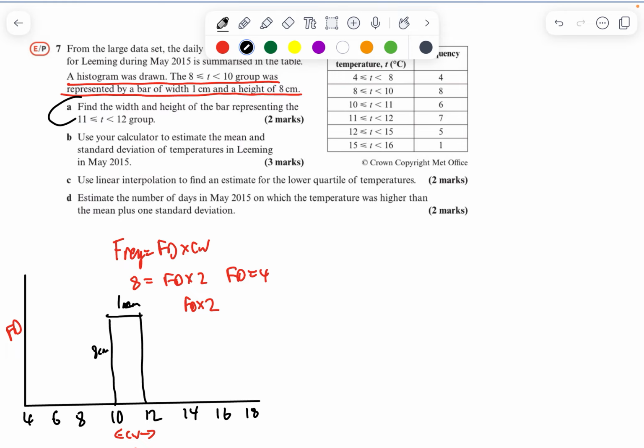Right, so let's look at question A. Question A says find the height and width of bar representing the 11 to 12 group. So our 11 to 12 group has an area, or frequency, of 7 and a class width of 1.